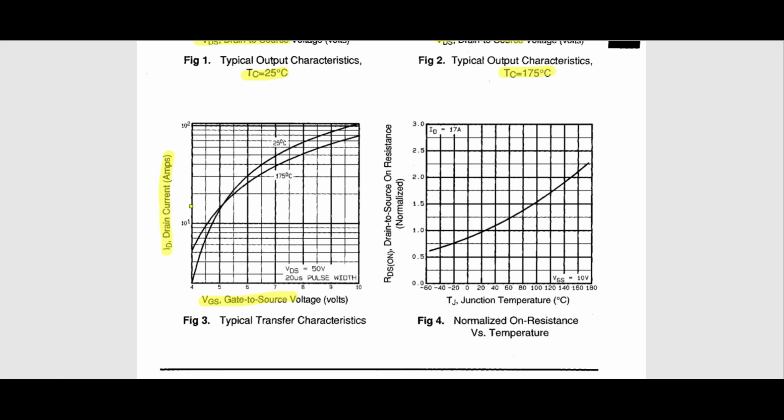It is so here also, but only the y-axis is expressed as a log scale, so therefore it appears compressed. If you remove the log scale, if you take a linear graph, it will be very similar to what we plotted. So for this one, 4 volts VGS is taken as the threshold voltage above which the drain current flows.